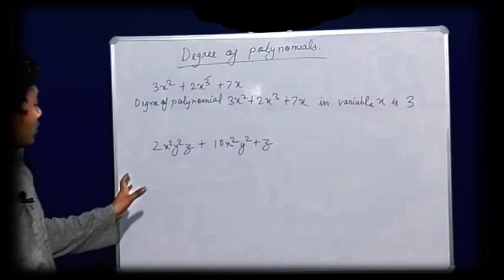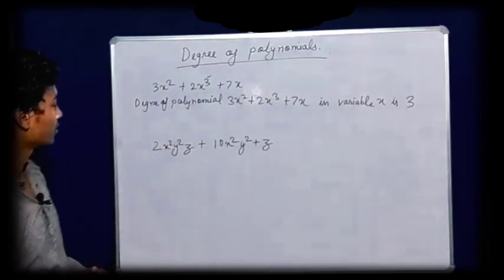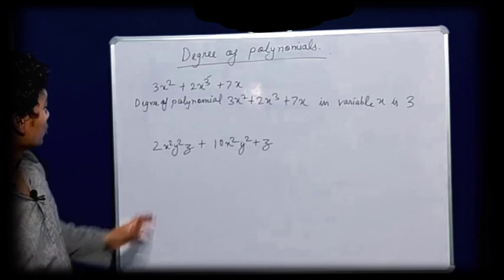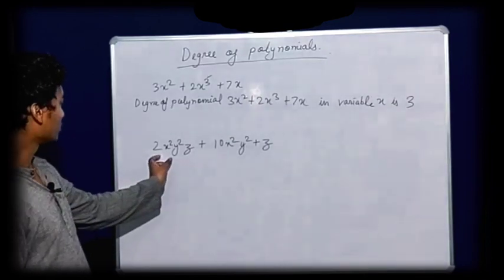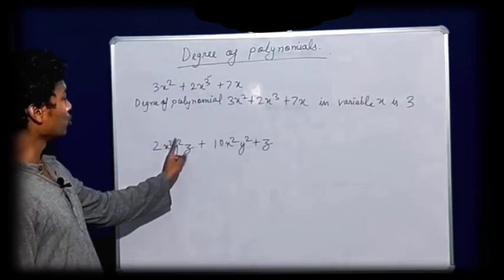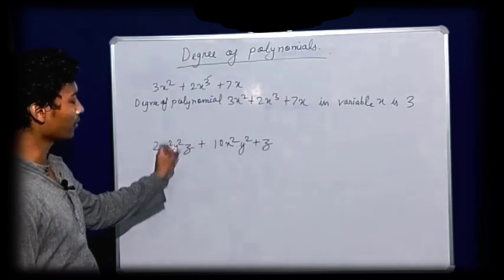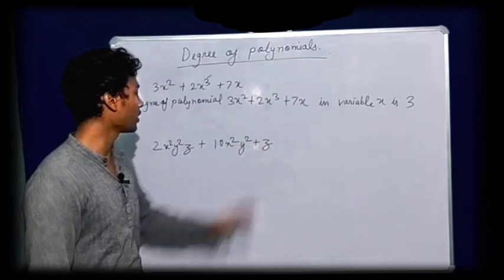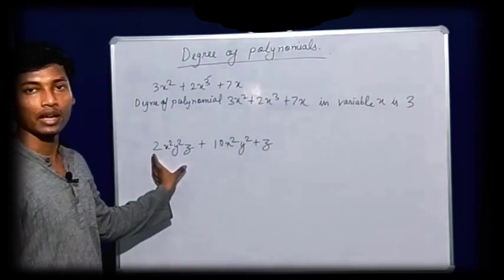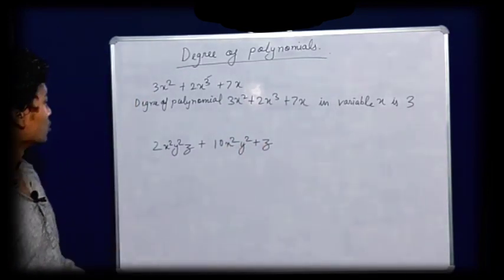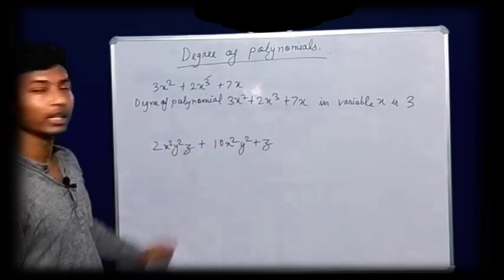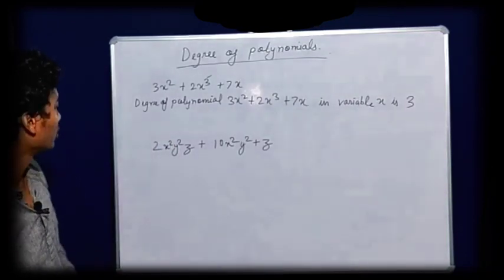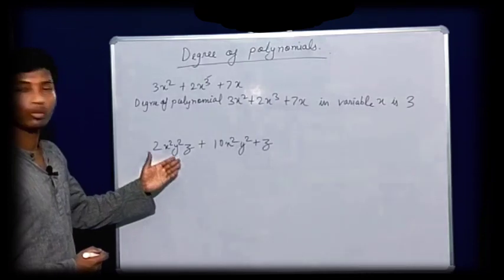So here let's see which term has the highest power. If you look at the first term, x square, so 2 plus 2 plus 1, that is 5. Here 2 plus 2, that is 4, and here we have 1. So this first term has the highest power. So what will the degree of this term be? 5 in variable x, y, z.